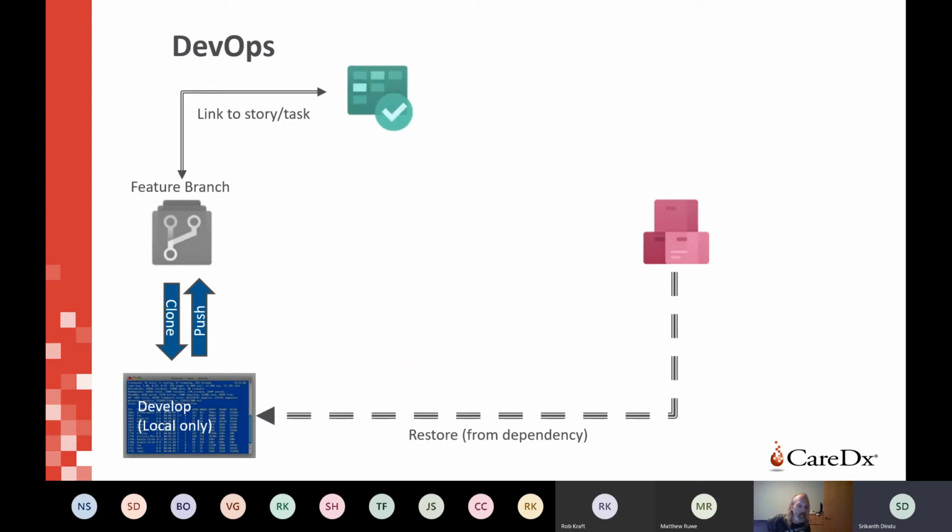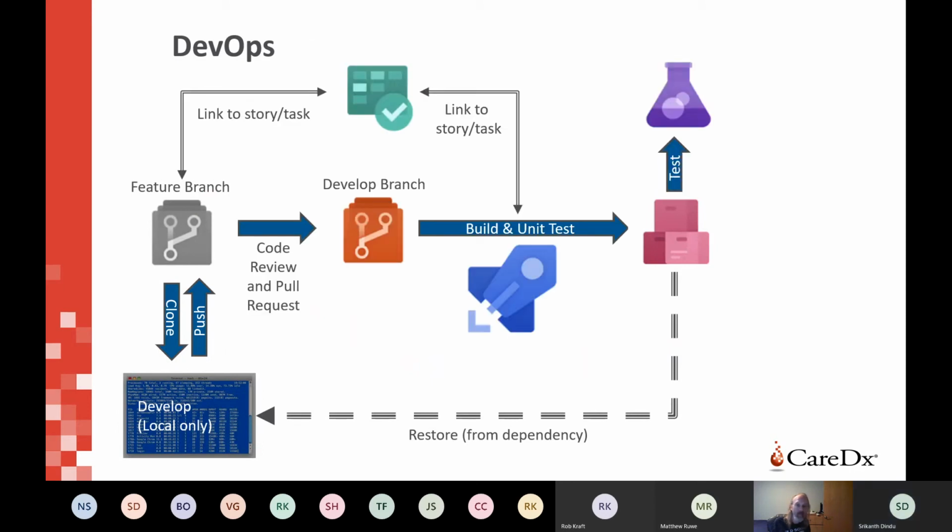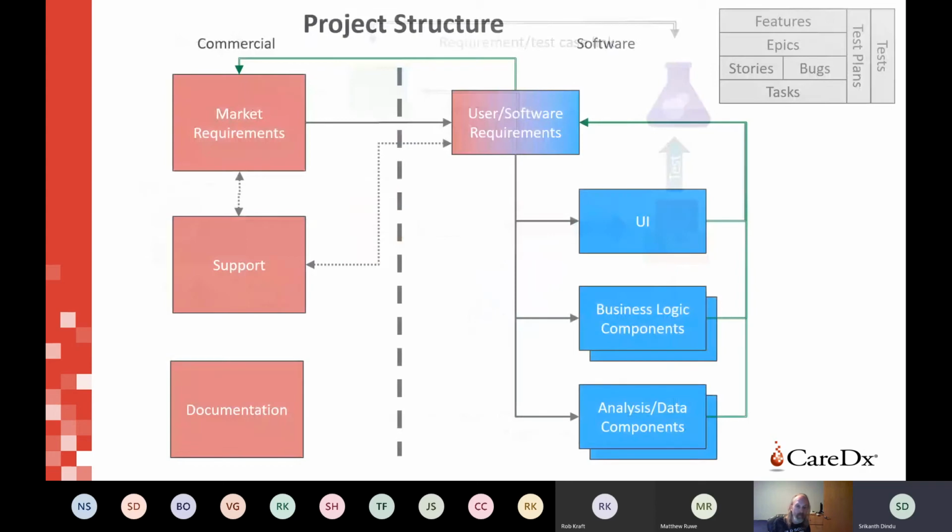This is kind of a high level how the feature branches and the develop branch work, basically the architecture of the DevOps. And the project structure that we have is divided into this, the requirements and support and documentation. And it's kind of high level UI, business logic and analysis, data components.